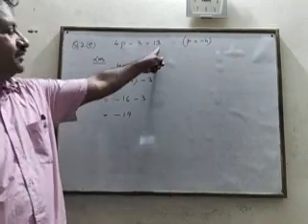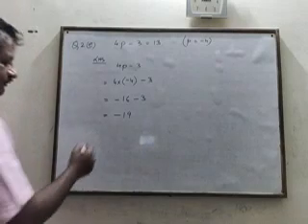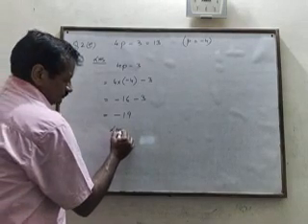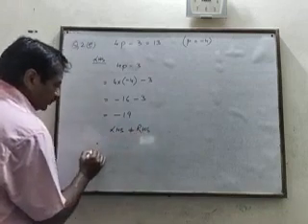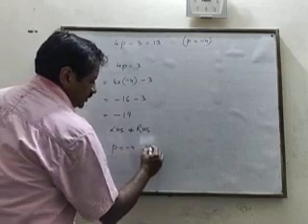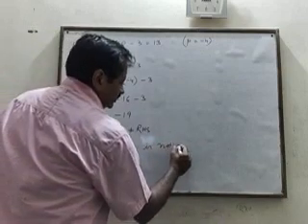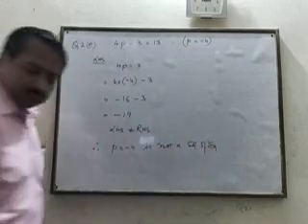Whereas on the right hand side we see that there is 13. So left hand side is again not equal to right hand side. Therefore p equal to minus 4 is not a solution of the equation.